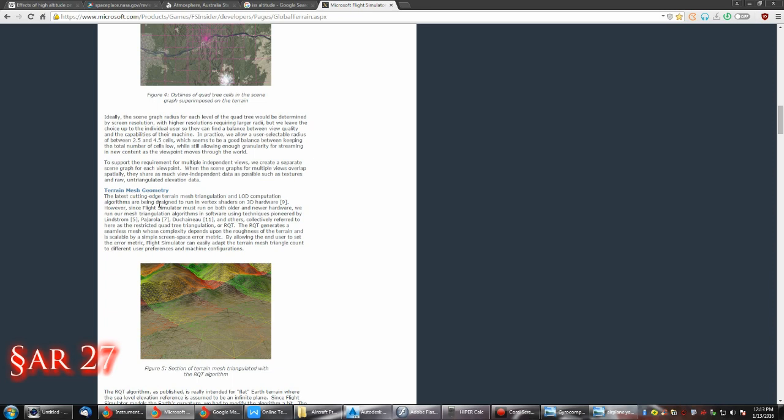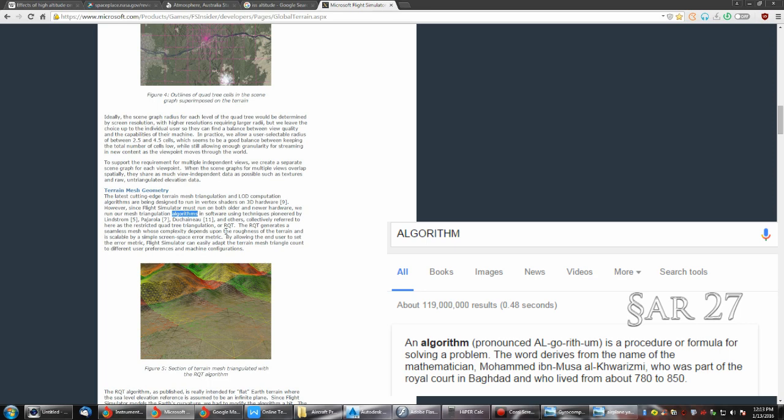The whole computer program is that they make the textures to do the mountains and everything, but the algorithm, if you don't know what algorithm means, is an equation to solve the problem. And so this mesh triangulation, which stands for RQT, it was here earlier.